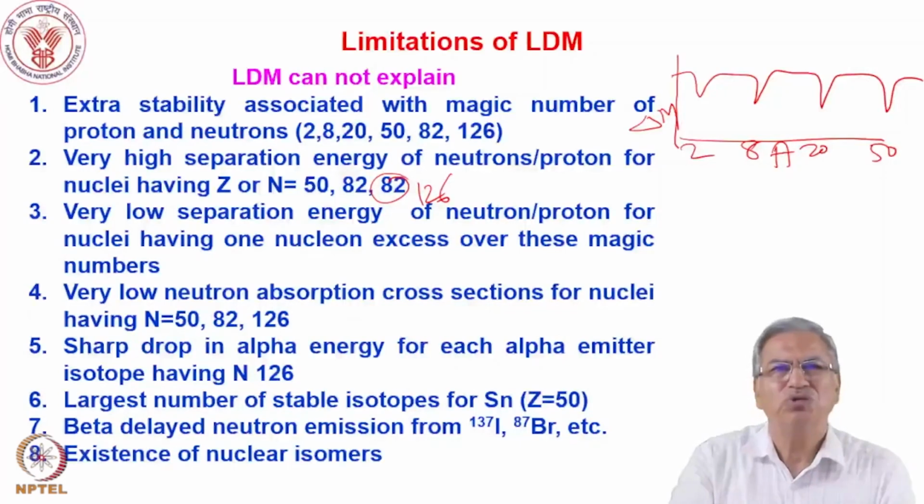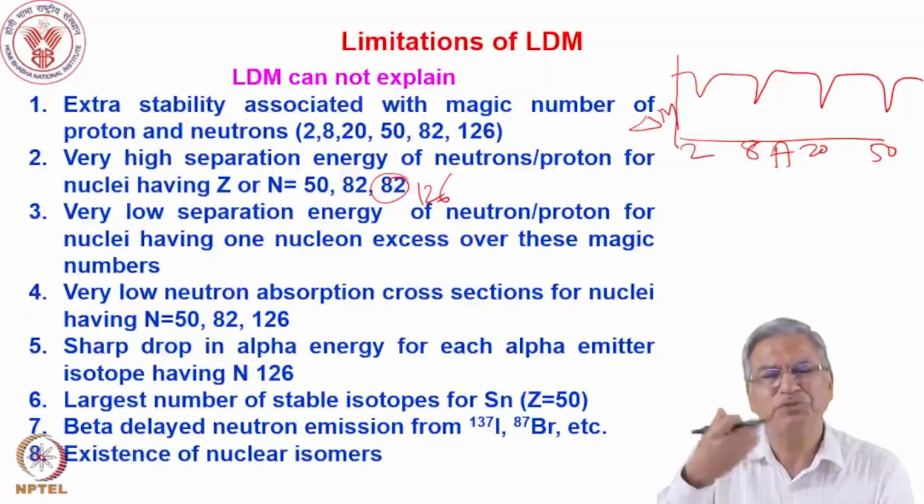Also, nuclei having magic numbers of neutrons and protons, particularly magic numbers of neutrons, have very low neutron absorption cross sections, because the next level is very high, so the probability of capturing a neutron becomes very small.